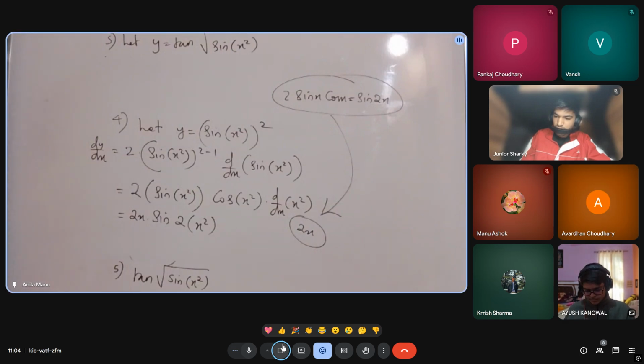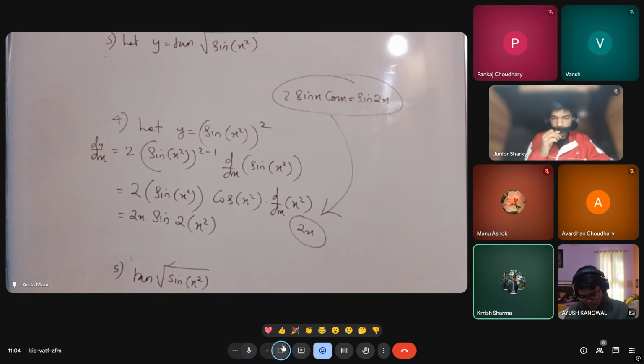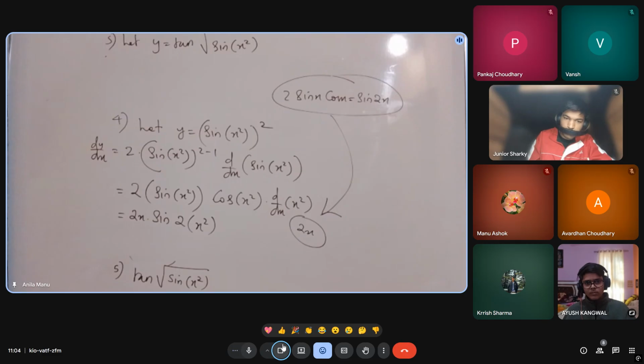y is equal to tan of square root of sine x square. Pankaj, is it clear?